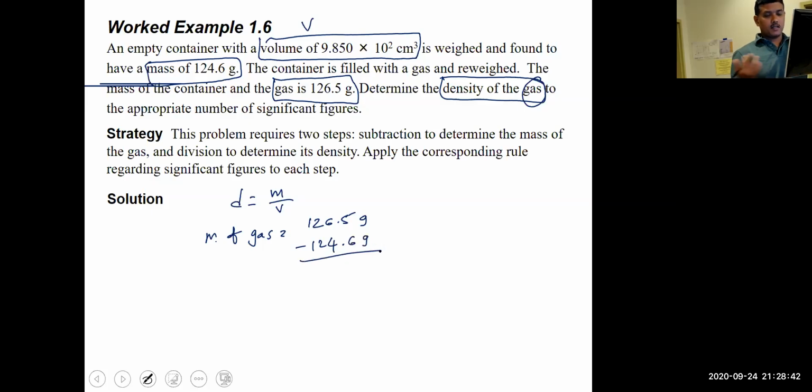We are doing addition and subtraction, so you need to pay attention to decimal places. So your answer should be 1.9 grams. It looks like your decimal places are in the right place.